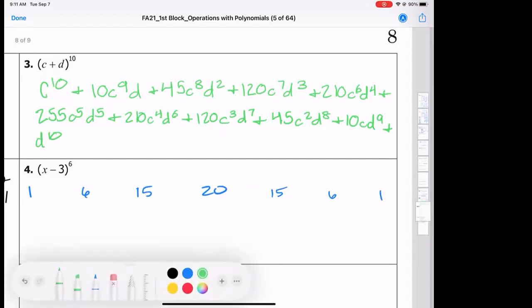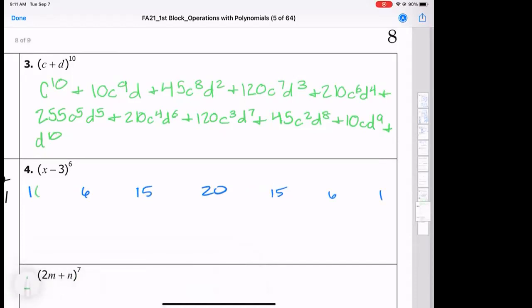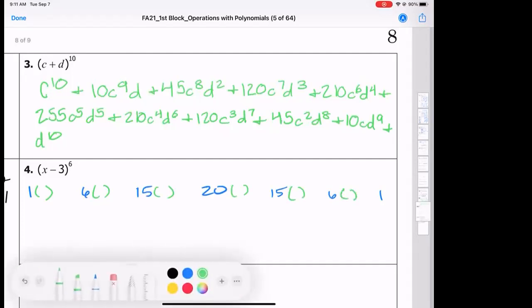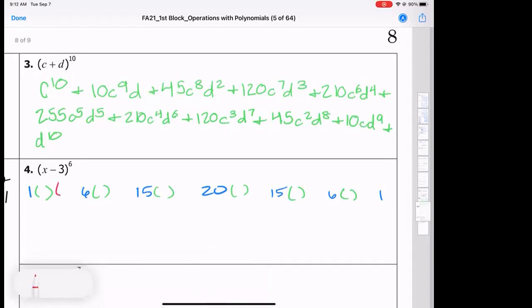Oh, I wrote it on the wrong one. So now I'm going to put in a bracket, and then I will put in a bracket for your second term.